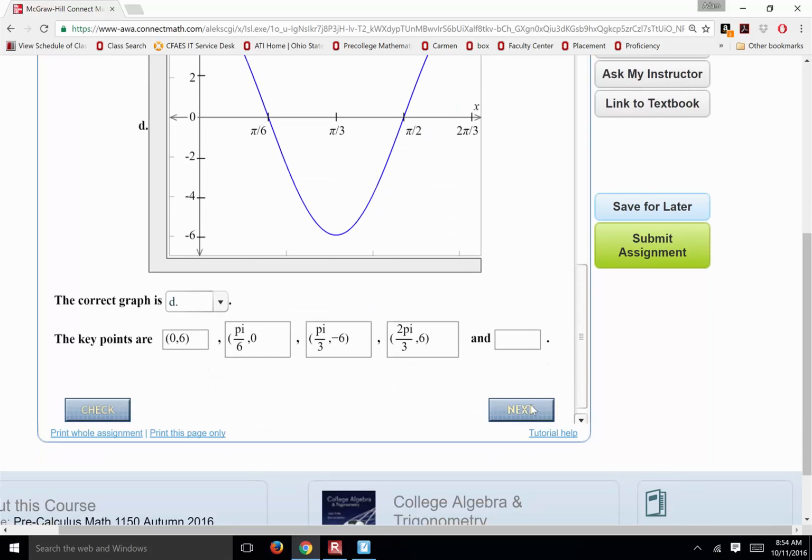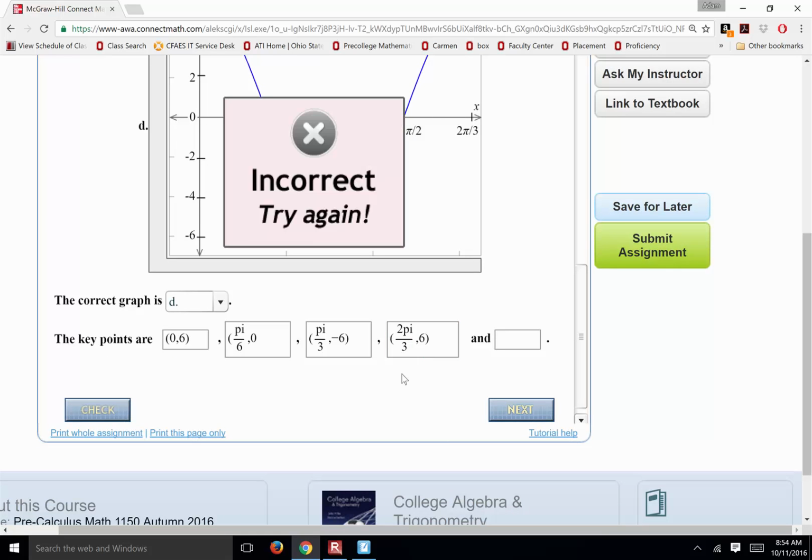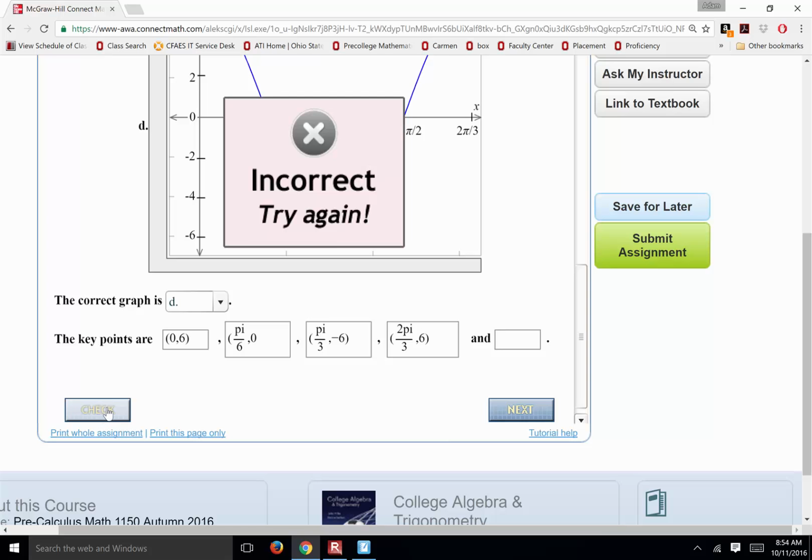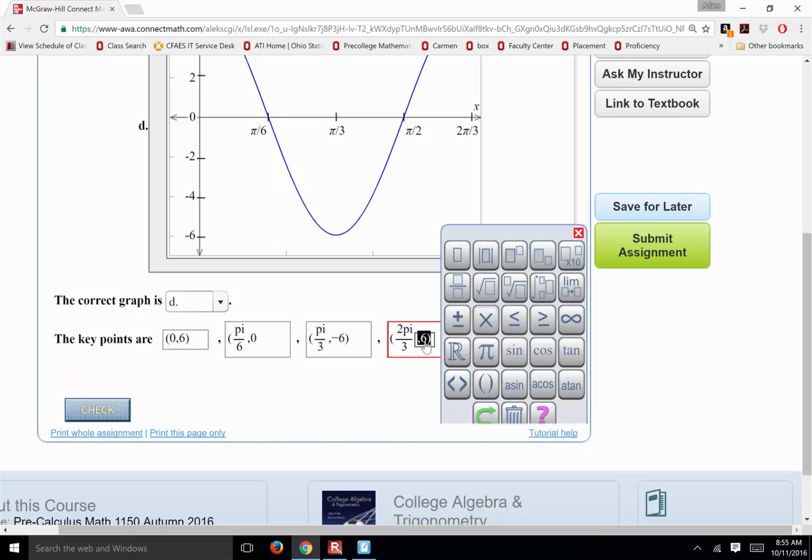Anyhow, let's check. It's going to say incorrect. Let's see what kind of answer they want. After a while, they need to say the right answer so we can know. They insist. Alright, I'm going to pick pi over 2.